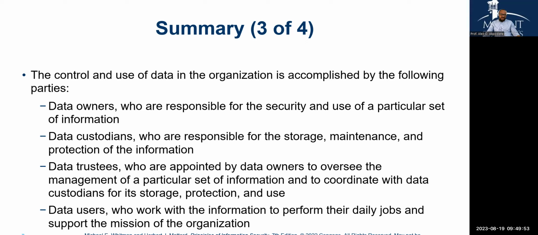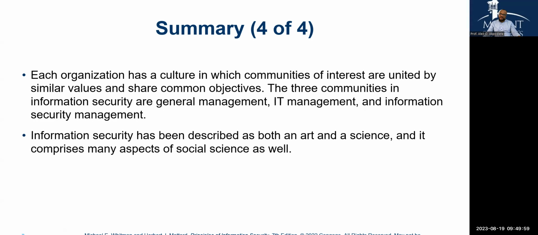And we went over data owners, data custodians, data trustees, and data users. And I said, please know the definitions and be able to spot them in a particular situation, right? And then finally, we ended with the question of whether information security is an art or a science. And then we talked about it also being part of the social sciences.